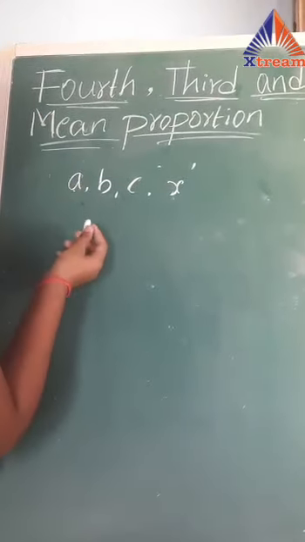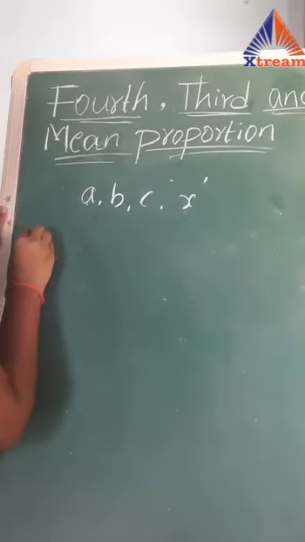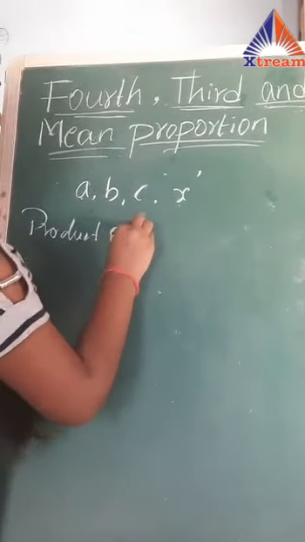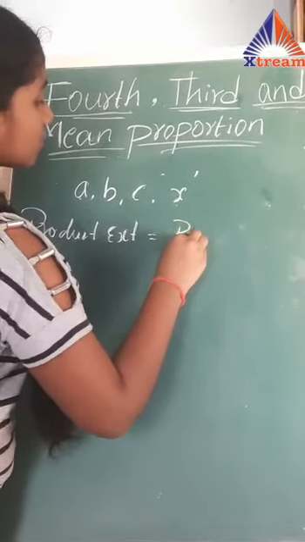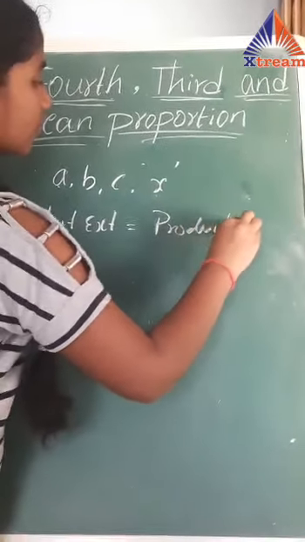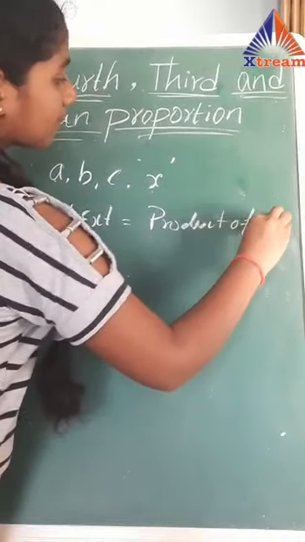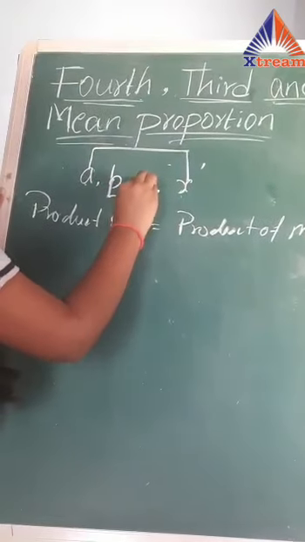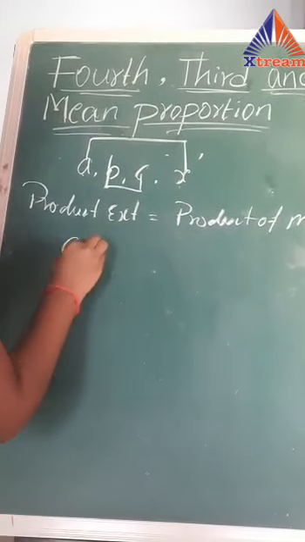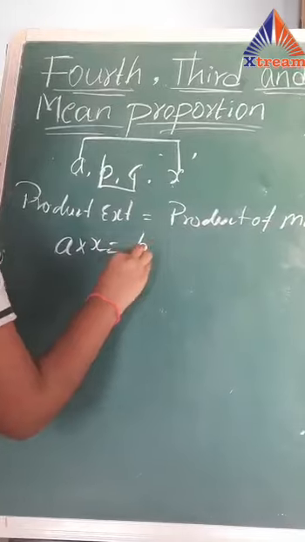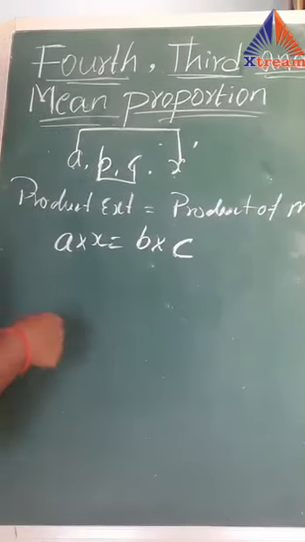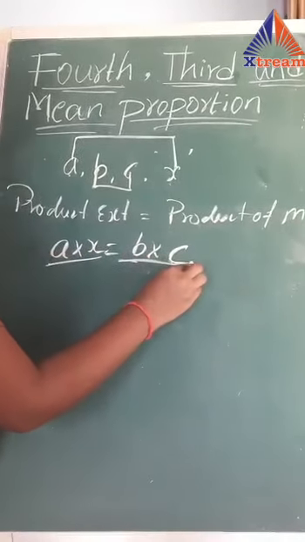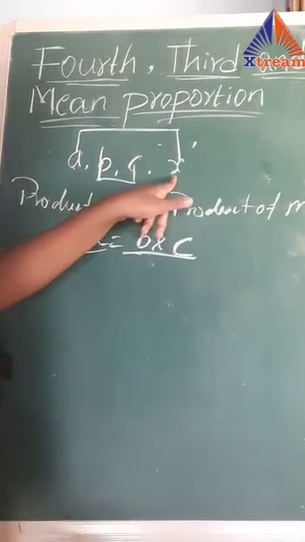Now we use the formula: product of extremes is equal to product of means. That is A into x is equal to B into C.